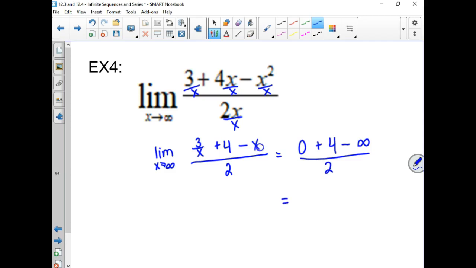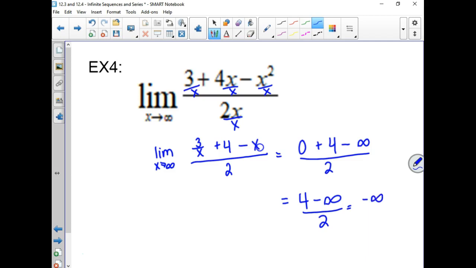So, we end up with 4 minus infinity over 2. What is 4 minus infinity? Does 4 even compare to infinity? 4 is going to be overcome by infinity, right? So it doesn't really matter what number you start at. If you subtract infinity from it, you're going to get negative infinity.